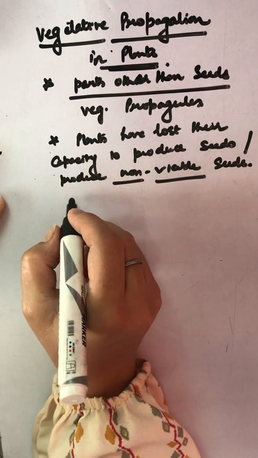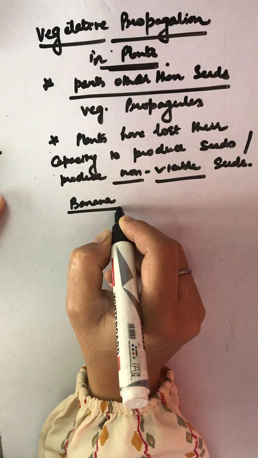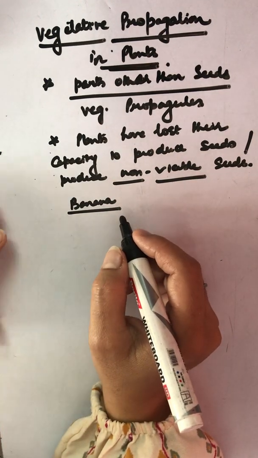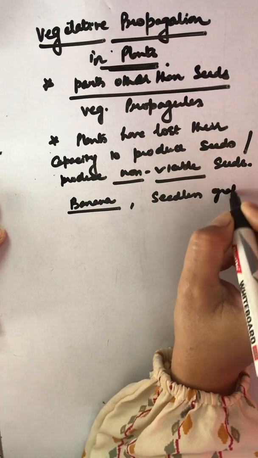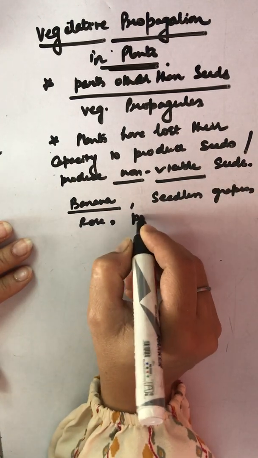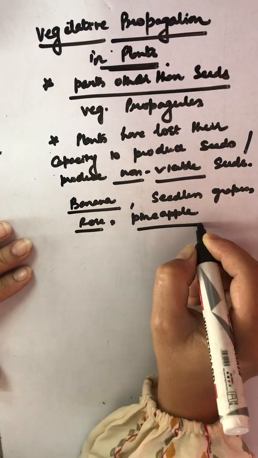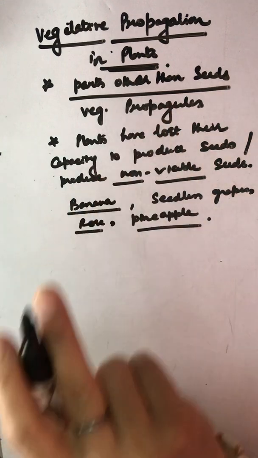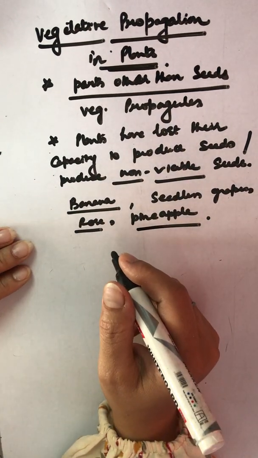Example, banana has non-viable seeds. It's not a seedless plant. Then seedless grapes. Third we say rose. And then is pineapple. Here seeds are present, but we cultivate vegetatively just for its better maturity period.